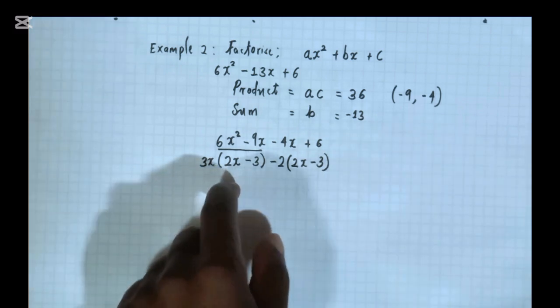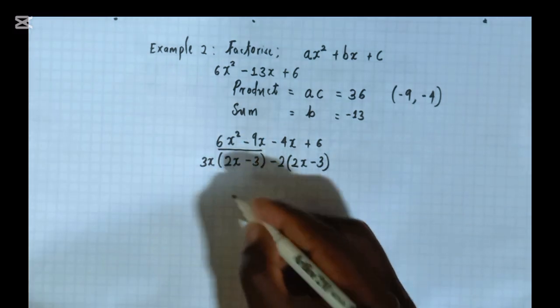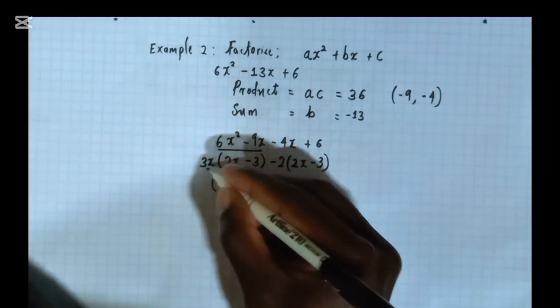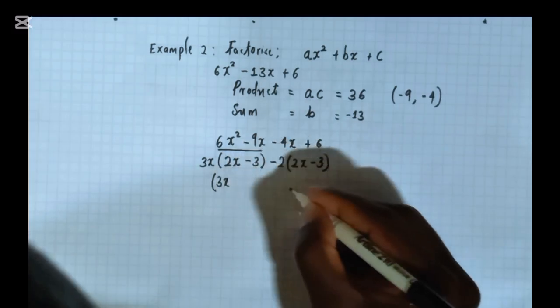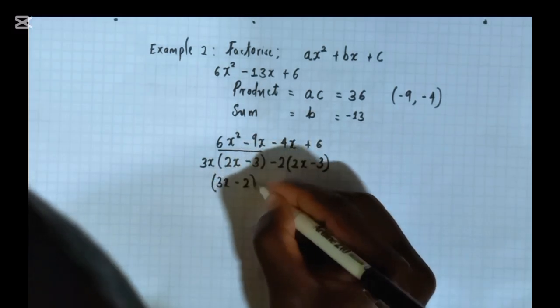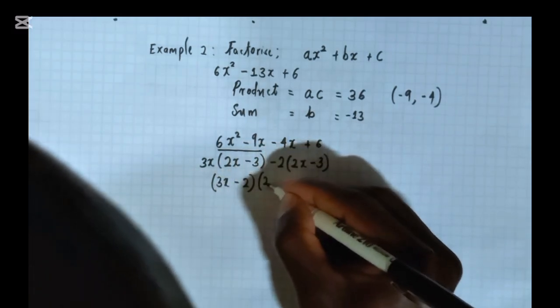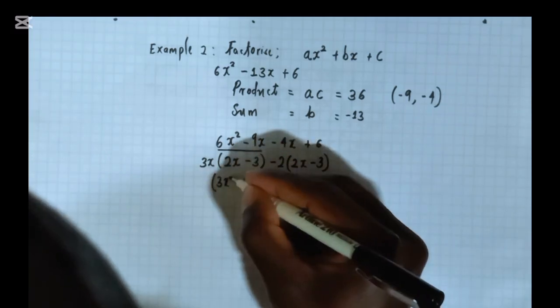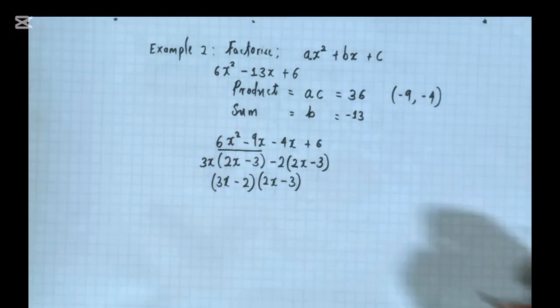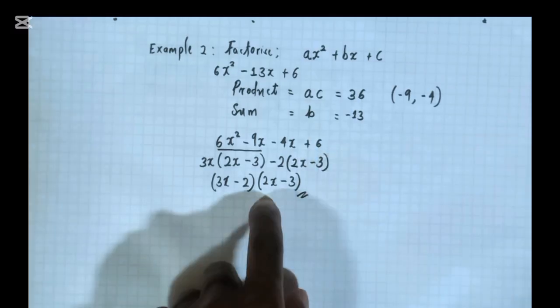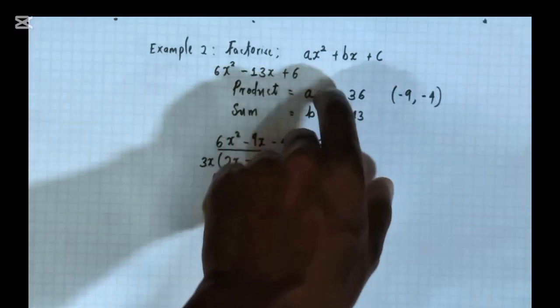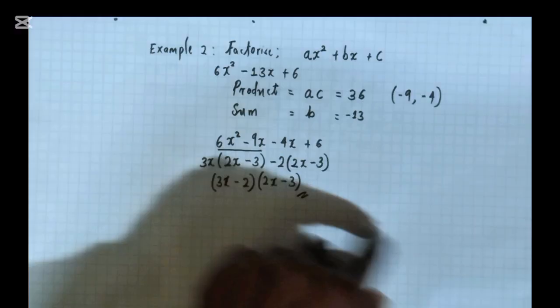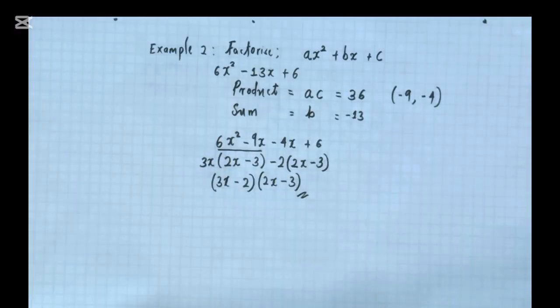So we are going to do factorization by grouping. Factorization by grouping simply means that we take all the numbers that are outside the bracket, 3x minus 2, and group them together. Then the ones within the bracket, we just pick one, that is 2x minus 3. So this is going to be the factorized version of this quadratic expression, and we are going to leave our answer at that.